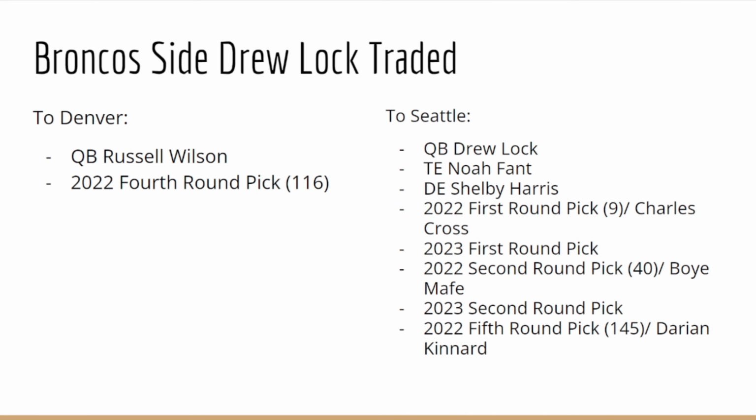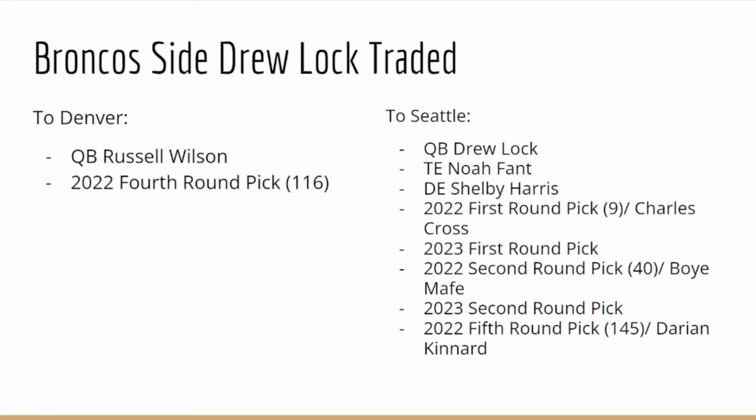We give Seattle Drew Lock, Noah Fant, Shelby Harris, a 2022 first-round pick, which would end up being Charles Cross, our next year's 2023 first-round pick, a 2022 second-round pick, 40th overall, which would end up being Boye Mafe, a 2023 second-round pick for next year, obviously, and then a 2022 fifth-round pick, 145th overall, which the Seahawks would end up trading to the Chiefs, and that would end up being Darian Kennard. And then, of course, we received Russell Wilson and a 2022 4th-round pick, which would end up being 116th overall.